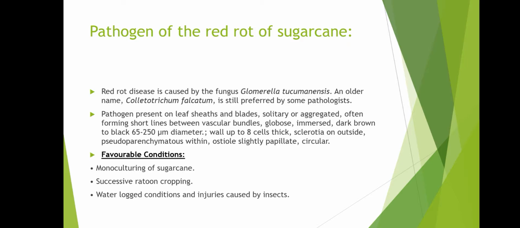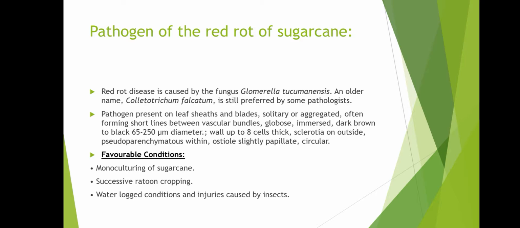Then we talk about the pathogen of the red rot, which is a fungus. Red rot disease is caused by the fungus Glomerella tucumanensis, which I already talked about by name. But the older name is Colletotrichum falcatum, which is still preferred by many pathologists. The pathogen is present on leaf sheaths and blades, solitary or aggregated, often forming short lines between vascular bundles of the leaves.